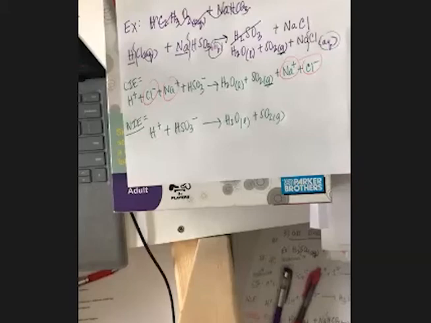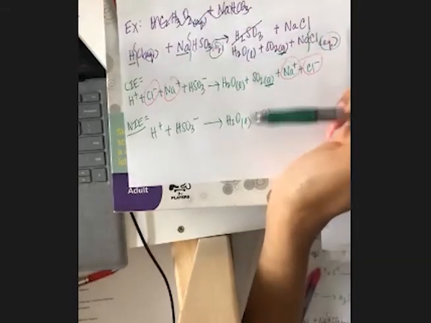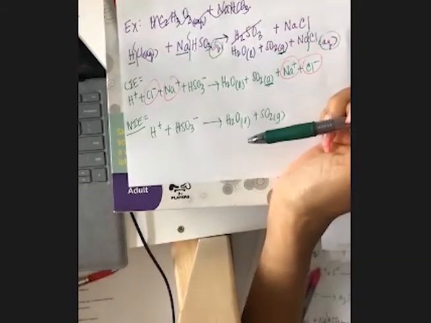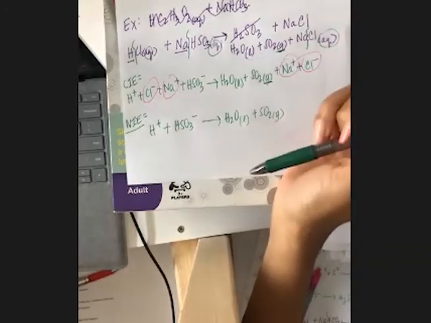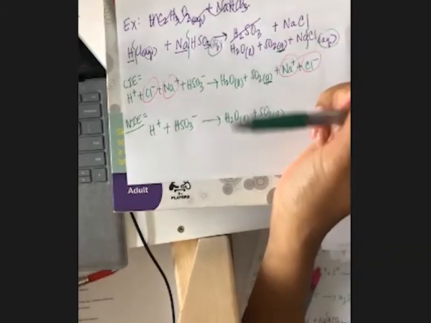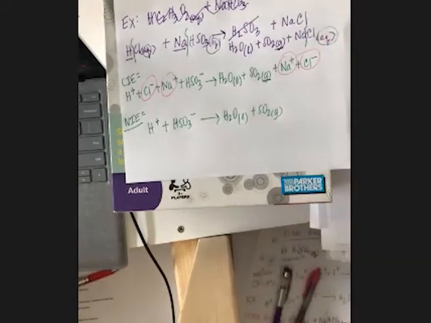Okay, so we're pretty much doing the same thing every time. The only difference is, is my product a solid? If it's a solid, we call it a precipitation reaction. If my product is just liquid water, we call it a neutralization reaction. And if my product is going to be gas, or gas and water, we call it a gas evolution reaction. That's the only difference.